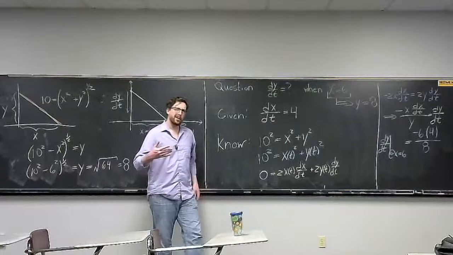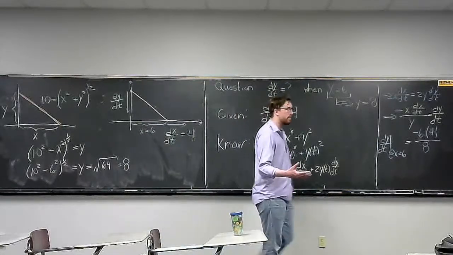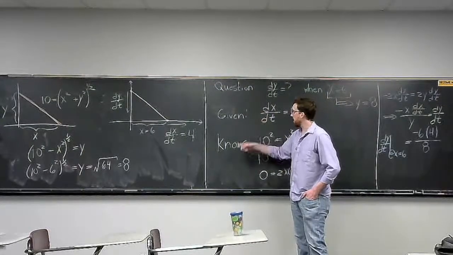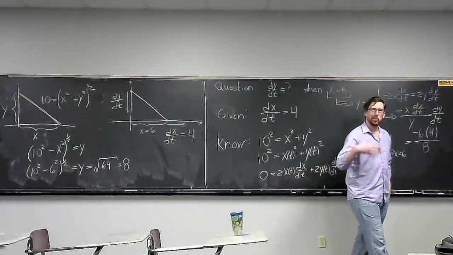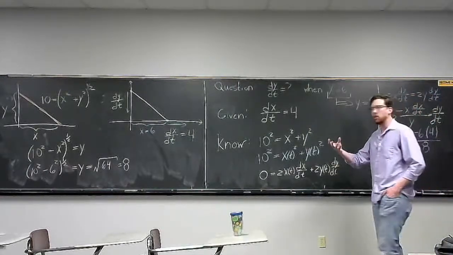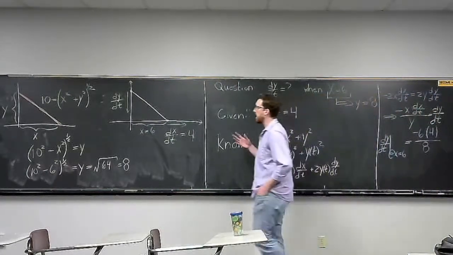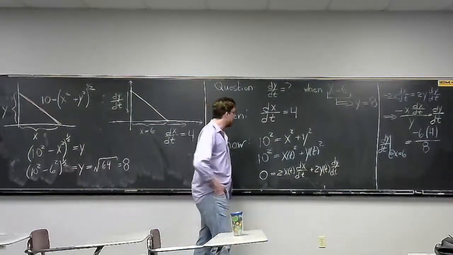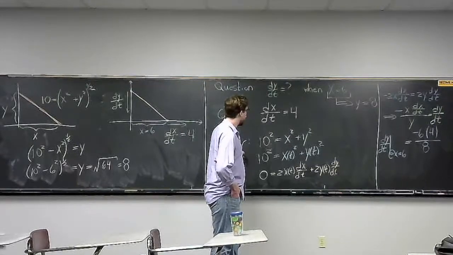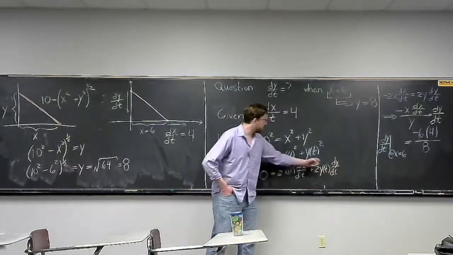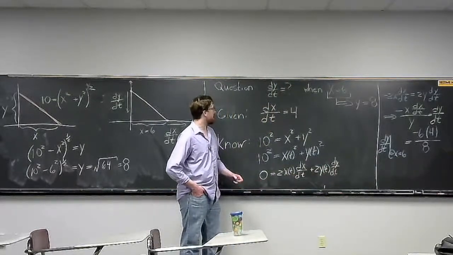So again, this process comes down to starting off with the question, what you're given, and what you know. Drawing out pictures oftentimes will help just to visualize the problem so that you can better understand what's going on. Then from there, using what you know to get to an expression that can be populated with what you're given.